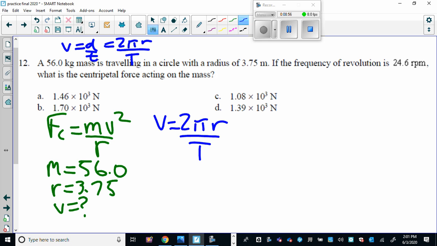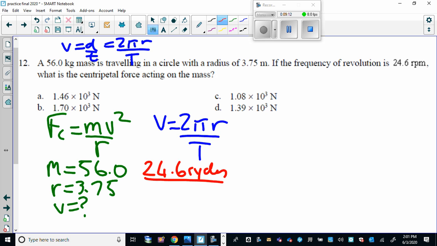But we do have 24.6 revolutions per minute, and we want to find out how long it takes to do one revolution. You could just do that as a proportion. You could say 24.6 cycles per 60 seconds equals x over 1 cycle, because period is how long it takes to do one cycle.